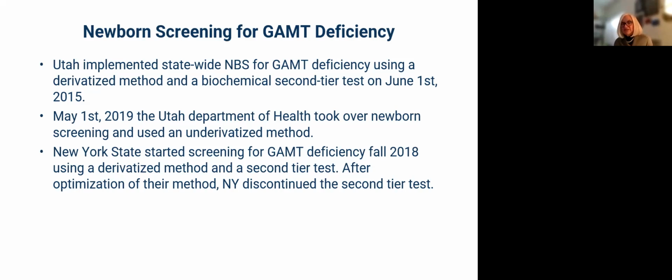In 2019, roughly 4 years later, the Utah Department of Health took over newborn screening, and they continued the screening for GAMT deficiency, but now they used a non-derivatized method. New York State started screening for GAMT deficiency in the fall of 2018. They used the derivatized method and the second-tier test. After optimization of the method, they discontinued the second-tier test.